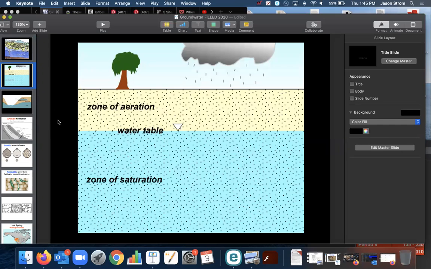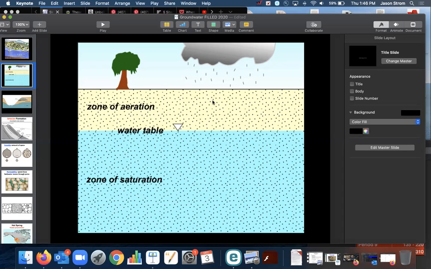So in this next one, one of the terms that you hear a lot with any sort of discussion about groundwater and aquifer is the term water table. What that is basically, it's just the top edge or top boundary of the aquifer. So above that, we call that the zone of aeration.